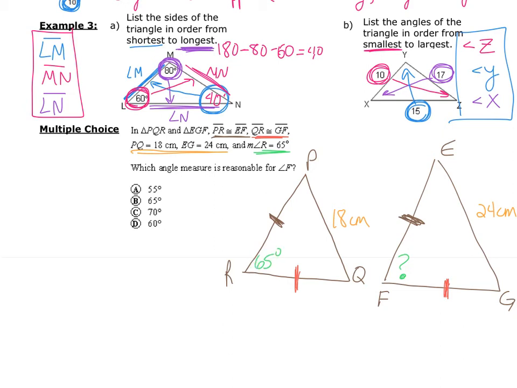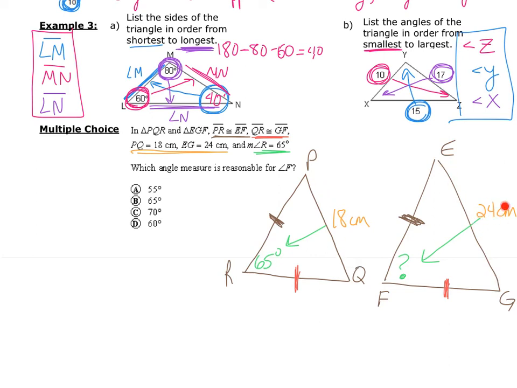So we have two sides that are congruent to each other in our triangles, but we can look at the third side and we can see that this triangle has a larger piece there. This one is 18, so it's a little bit smaller. What does that tell us about the angle that is across from it? If we have these two congruent sides, we can ignore those, but we do need to use the side that connects those two together.